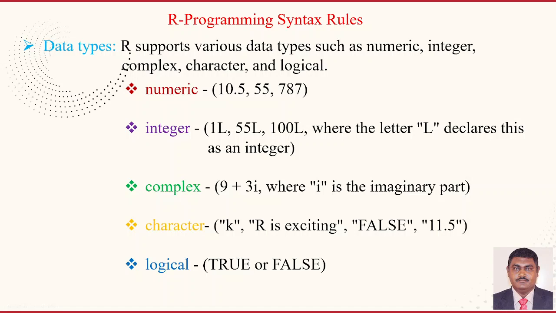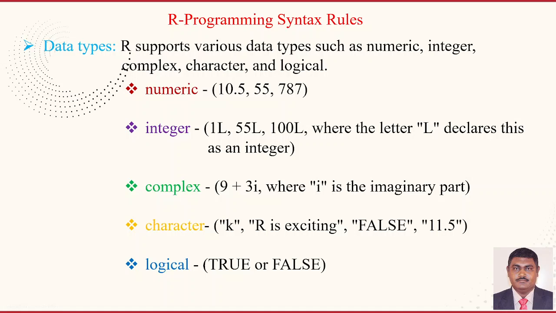Next, complex. Sometimes we use complex numbers, real and imaginary, in the form of 9 + 3i, where i is the imaginary part. Character, whenever you use inverted commas, whether single or double, what is in between is treated as a character.